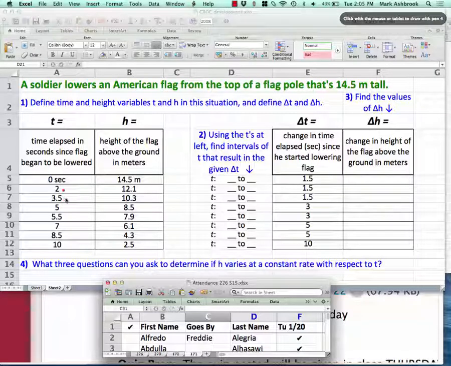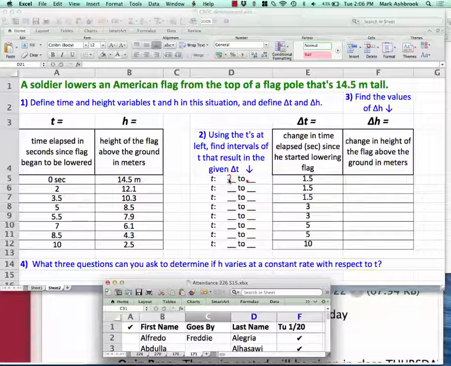No, that would be a decrease in the time quantity. We have these are positive changes in t. So how can you change that to make it positive? Yeah, so start with 2. Okay? So you get another one for 1.5? 3.5 to 5.